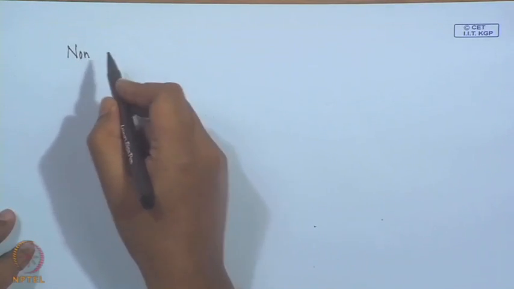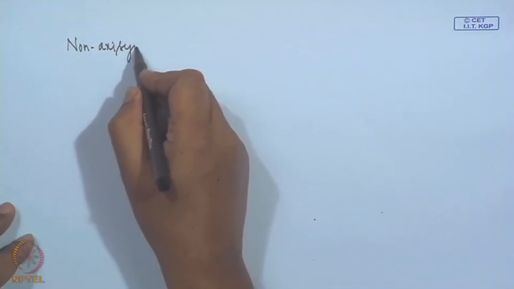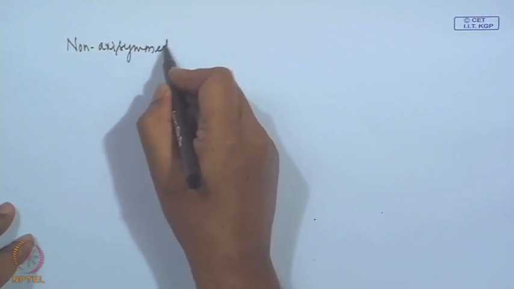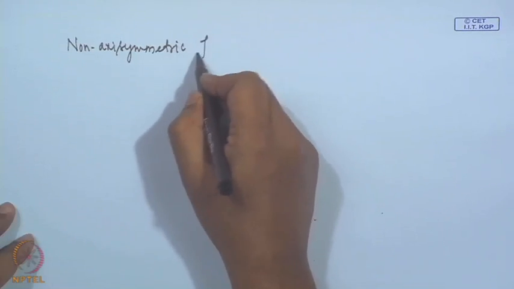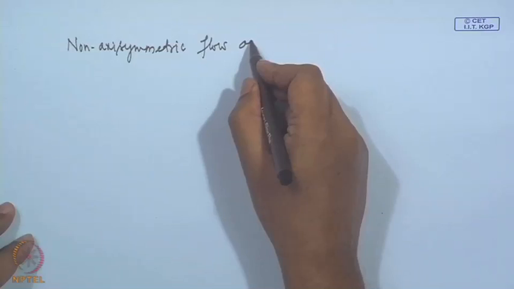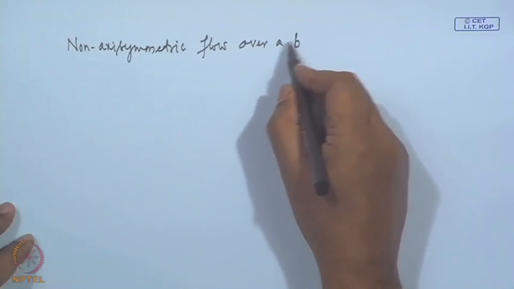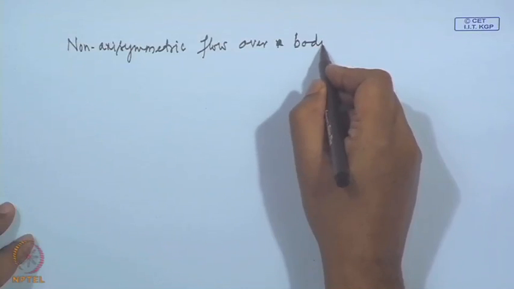So, we will now consider non-axisymmetric flow over bodies of revolution.